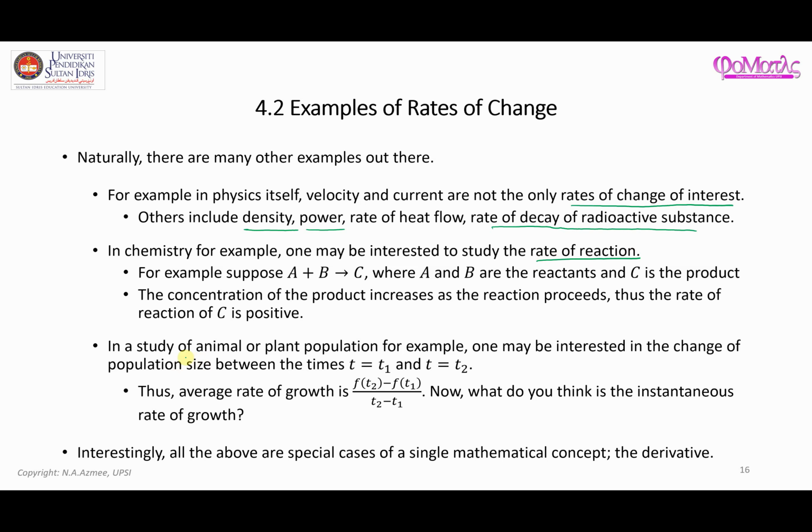In biology, for example, in the study of animal or plant population, you may want to see what's the change of population size between the times t equals t1 and t equals t2, and therefore the average rate of growth is given by this function. Now, if you want to find the instantaneous rate of growth, you just need to add the term limit delta t approaches 0, and so you will get the instantaneous rate of growth.